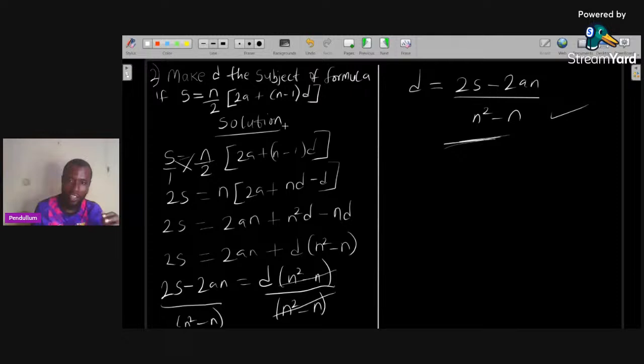Here, a is your first term, n is the number of terms, S is the sum of all the terms, and d is the common difference. Instead of substituting the values and starting to solve, you can just use this formula, because if you substitute S, a and n, you are going to get d. So that's that for that. I hope this is clear. It's pretty straightforward and easy.